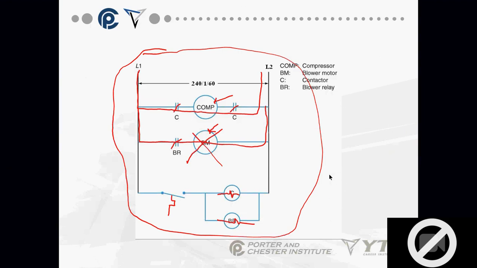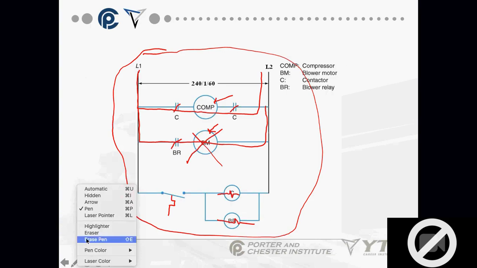But this is a basic window unit. This is a basic cooling circuit. We have two controls that are relay coils, and again, we still have to talk about relays and contactors, but when these are energized, it closes the thing with the same letter. This is why labeling is so important.